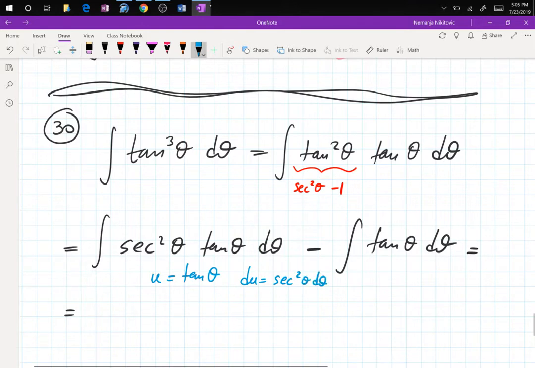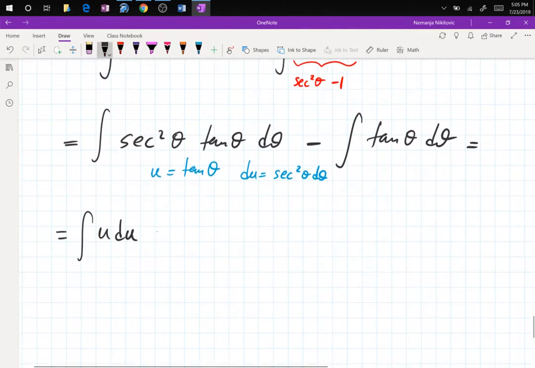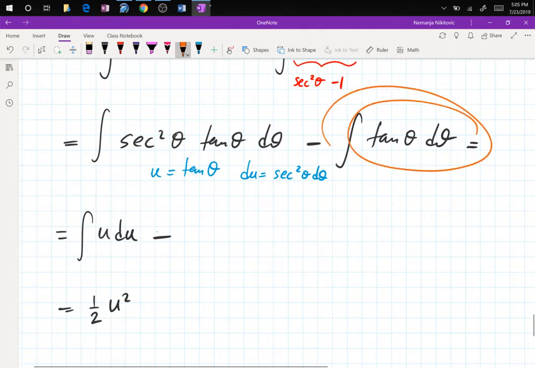And we have all of the ingredients to make that substitution. So this becomes the integral of u du, and eventually it will become 1/2 u squared. That's eventually. And now minus, and for this one, what should we do here?